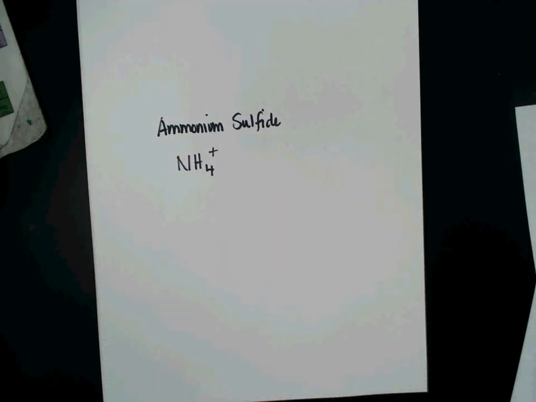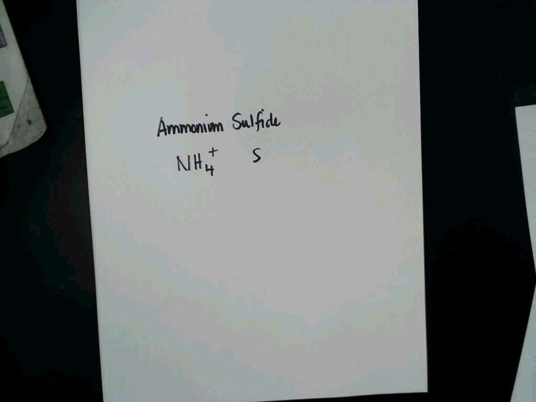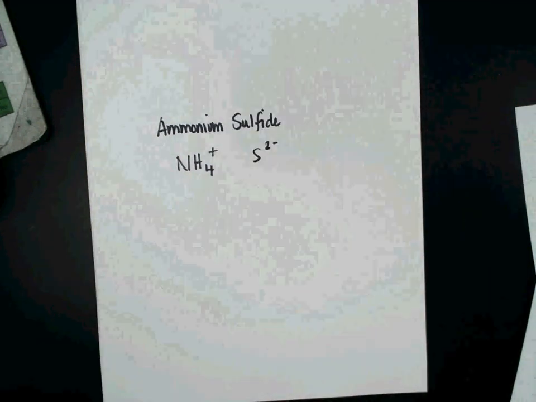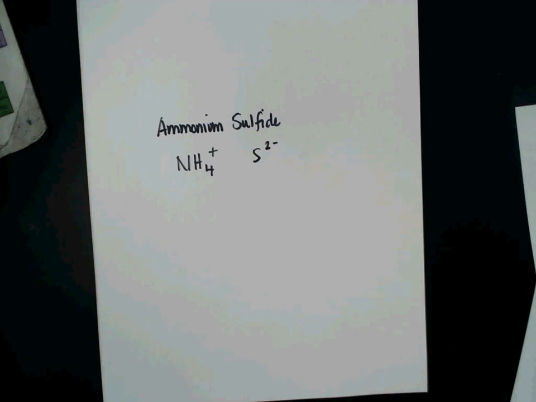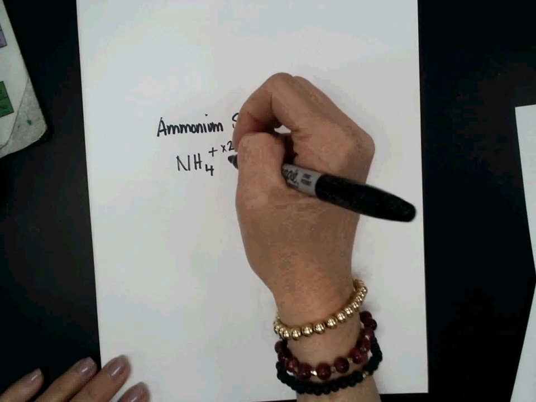We know what ammonium is. Sulfur is in what group? 16. Everybody in group 16 has what charge? 2 minus. Anybody brave enough to tell me how they put those together? What's your formula? Well, let me ask you this. How many ammoniums do I need, Evan? 2. Okay, do you guys all agree with that?